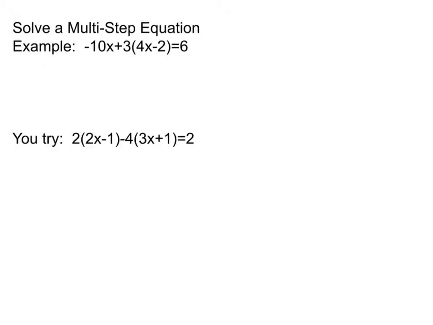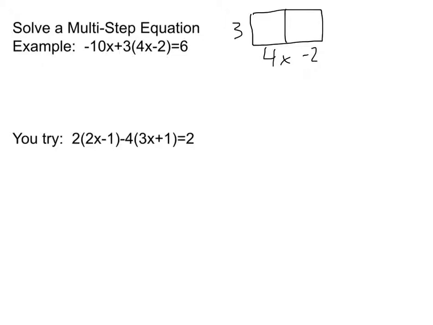Okay, now time to solve a multi-step equation. So I'll do this first one. Anytime you have parentheses, we have to get rid of those first. So we use the distributive property. We're going to take that 3 and that 4x minus 2.